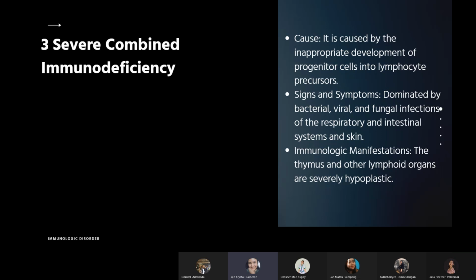It is dominated by bacterial, viral, and fungal infections of the respiratory and intestinal systems and skin. Its immunologic manifestation is that the thymus and other lymphoid organs are severely hypoplastic.